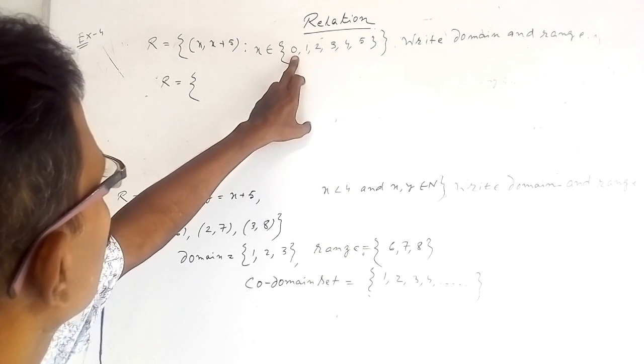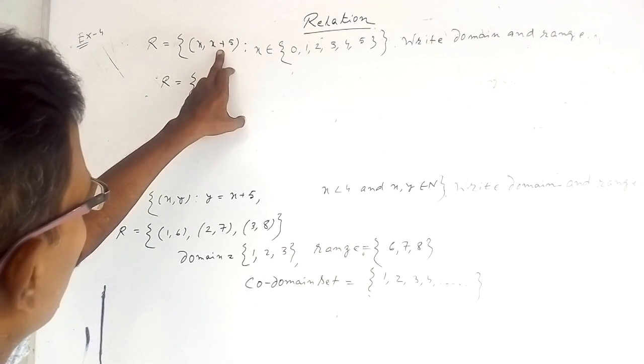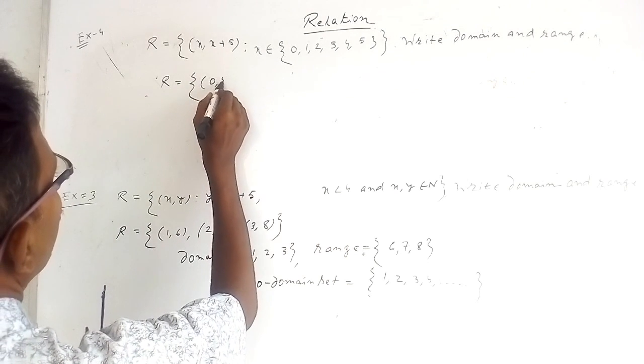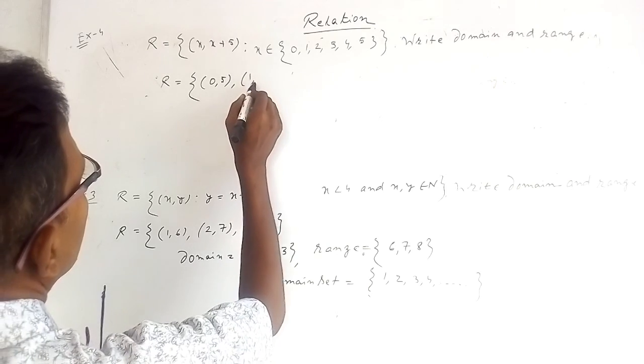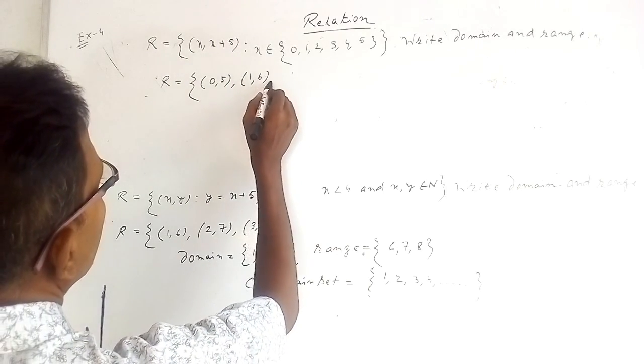So if you put x is equal to 0, you will get y is equal to 5, that is (0, 5). If you put x is equal to 1, you will get y is equal to 6.